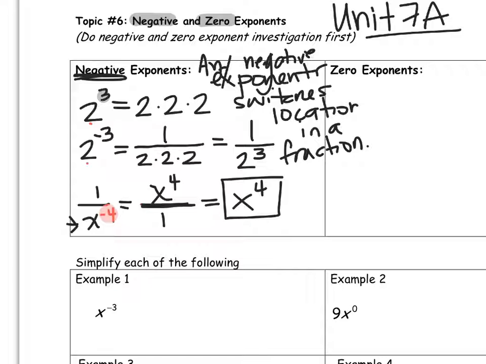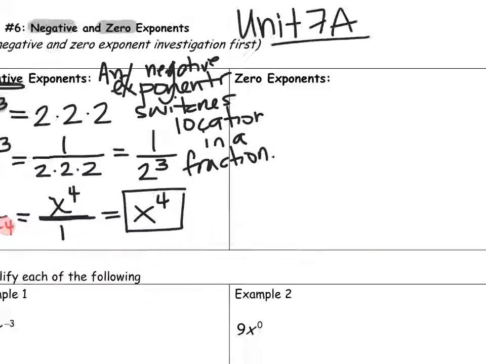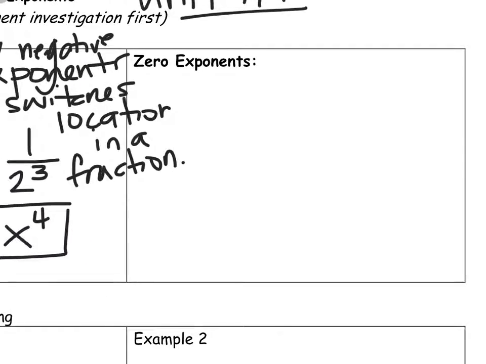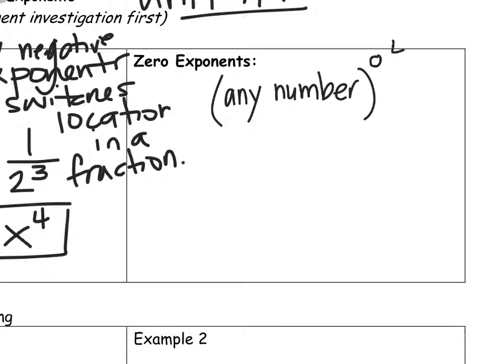All right, I'm going to go over here to zero exponents before we move on. So zero exponents are pretty great, actually. So zero exponents, we're going to write here, any number in parentheses raised to the 0th power equals 1.